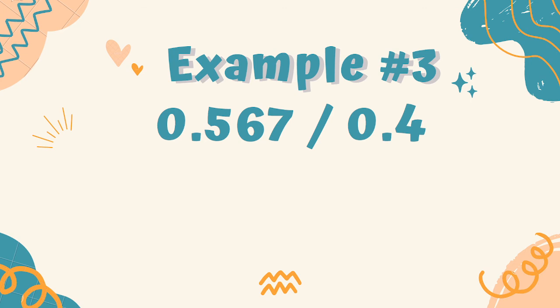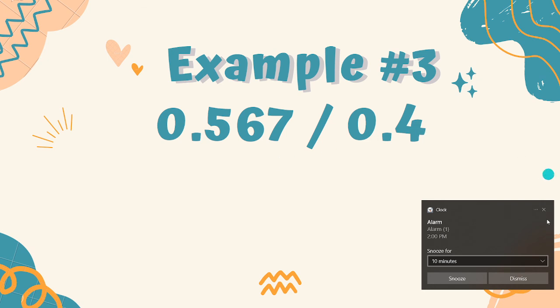So that becomes 5,670. Now if we divide, we get 1, 4, 1, and then there's a remainder of 30. So 4 goes into 30 7 times, and then there's still a remainder of 2. So what you need to do is add another 0 to make the 2 a 20.